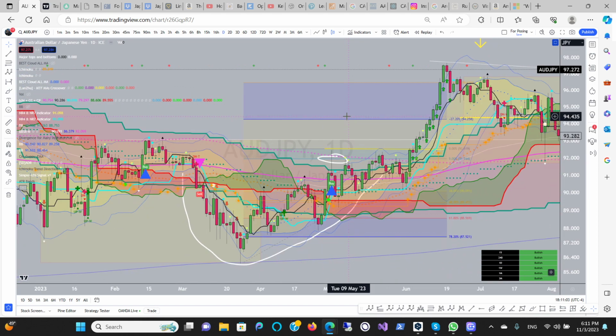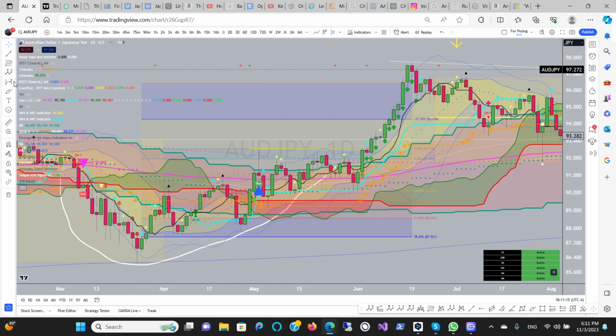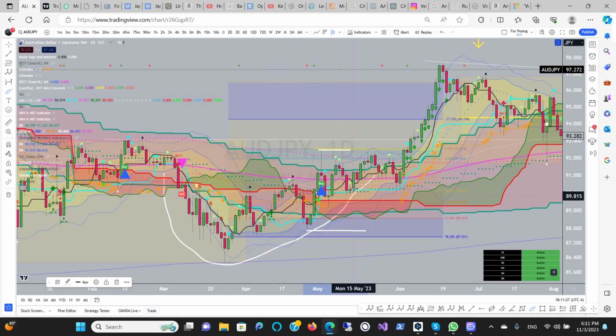And then it proceeded to fall down, found support at the cloud, and then consolidated between this zone here, between 89 and 92, and this zone, 87.50 in that zone.